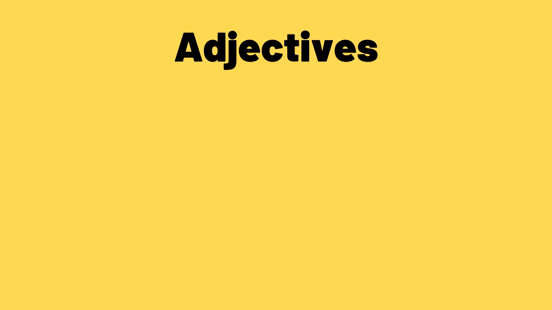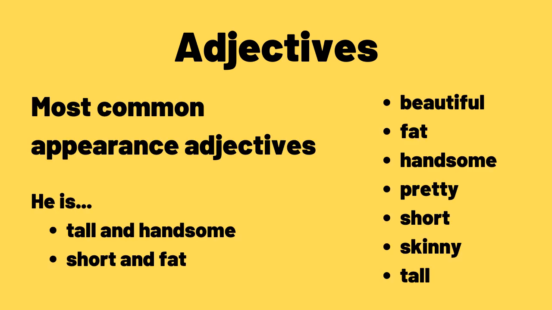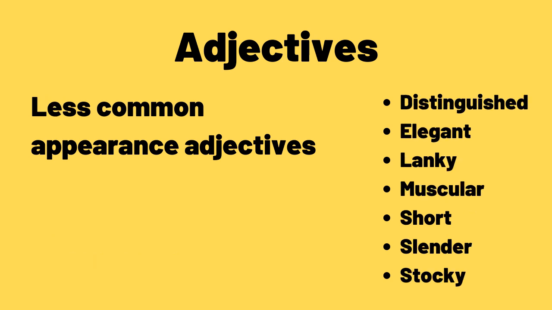Let's now look at some adjectives. If you're going to describe a person, you'll certainly need to know some of these. Here are some very common adjectives for describing people's appearance. I bet you already know most of these, right? What about these ones? They're a bit less common. Of course, the important thing is that your words are accurate in terms of their meaning.